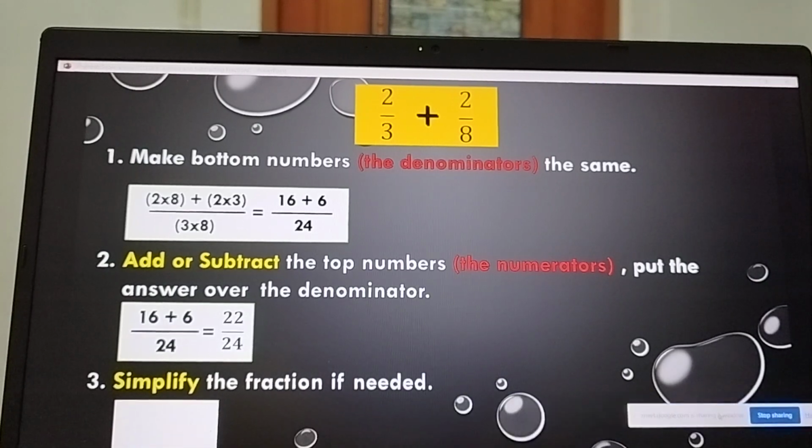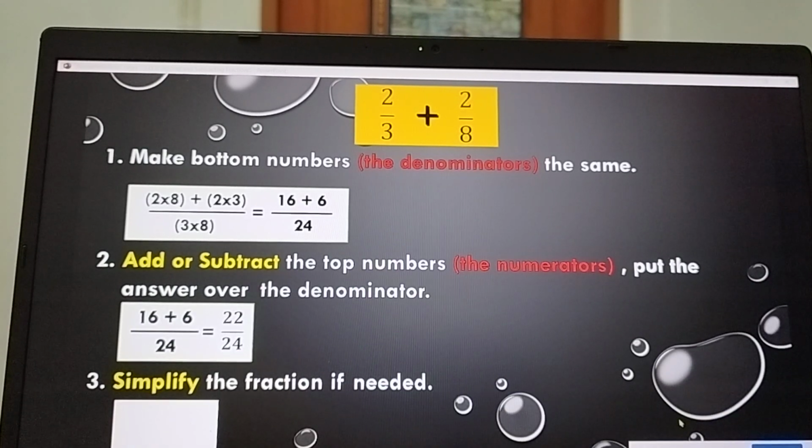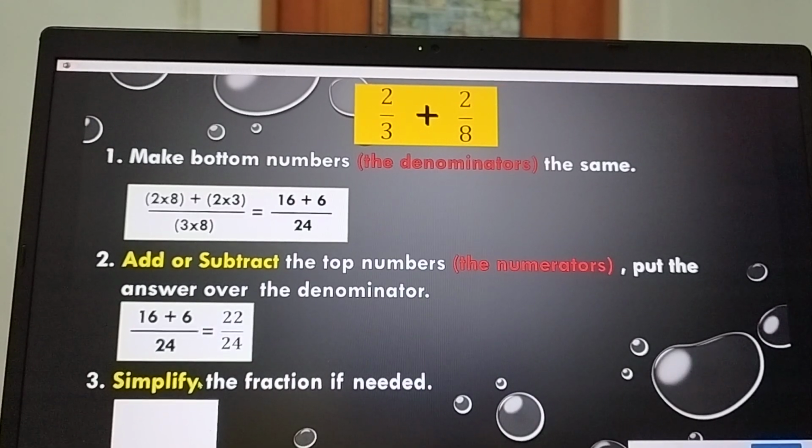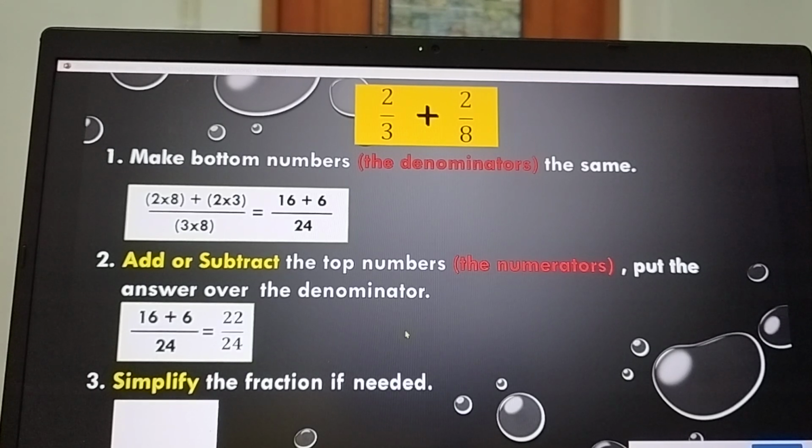Question. Can you simplify 22 by 24? Yes or no? Yes. Okay. 22 over 24 divided by 2 equals 11 over 12. Okay, very good.